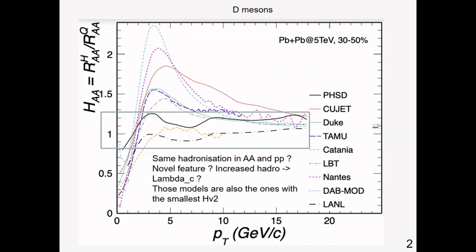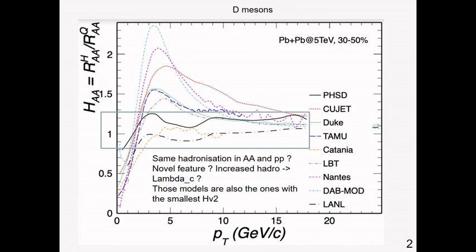And that's for the integrated yield, right? But here there's a PT dependence. That's right, I was just talking about integrated yields. I think what's reflected in this plot is comparing TAMU and Catania.